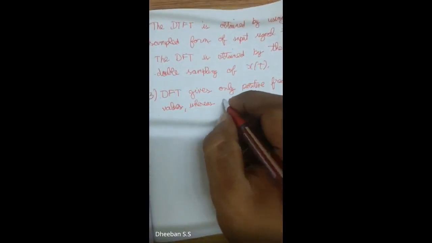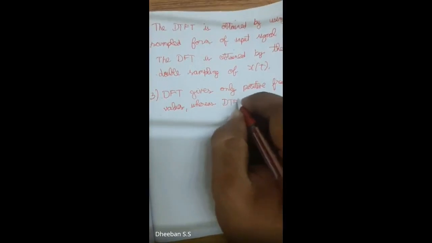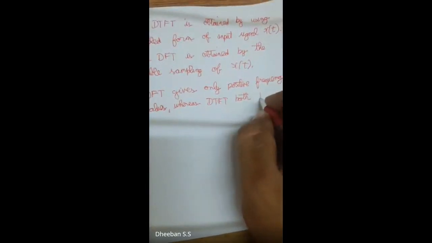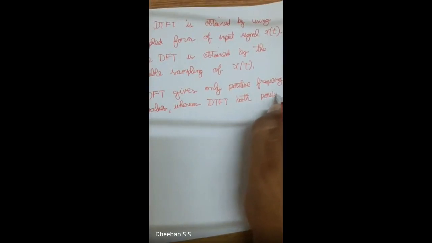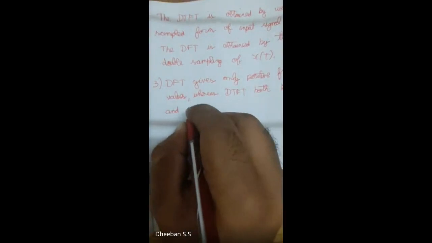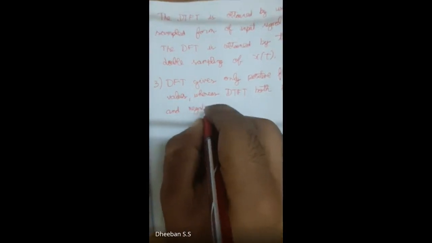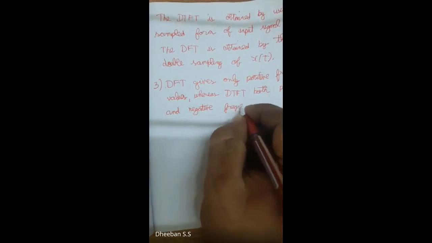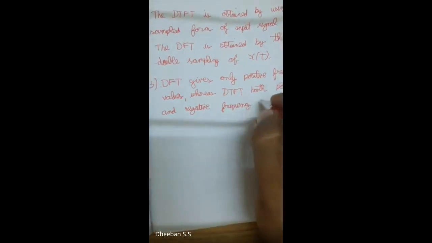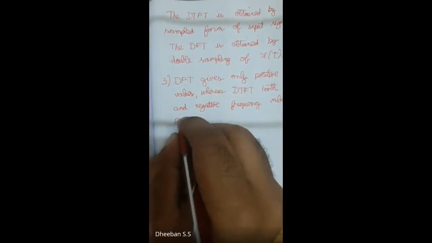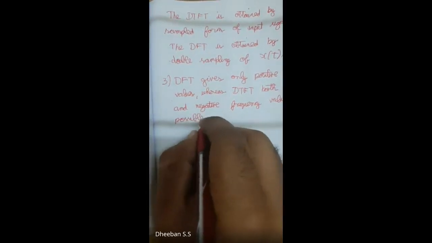But for the DTFT, both positive and negative frequency values are possible. So this is the third point.